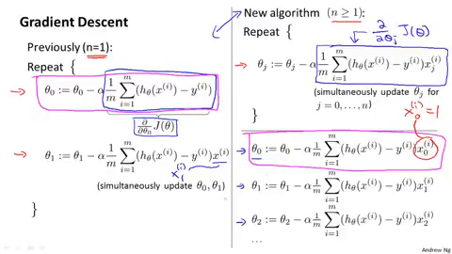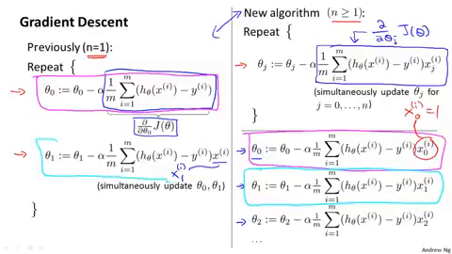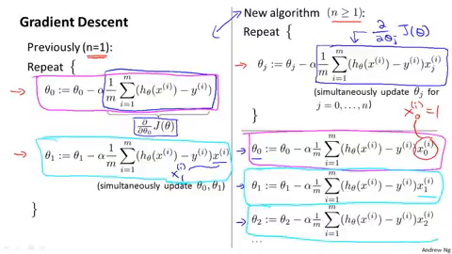Similarly, if you look at the update rule for theta 1, you find that this term here is equivalent to the update rule we previously had for theta 1, where of course we're just using this new notation, x subscript 1, to denote the first feature. And now that we have more than one feature, we can have similar update rules for the other parameters like theta 2 and so on.